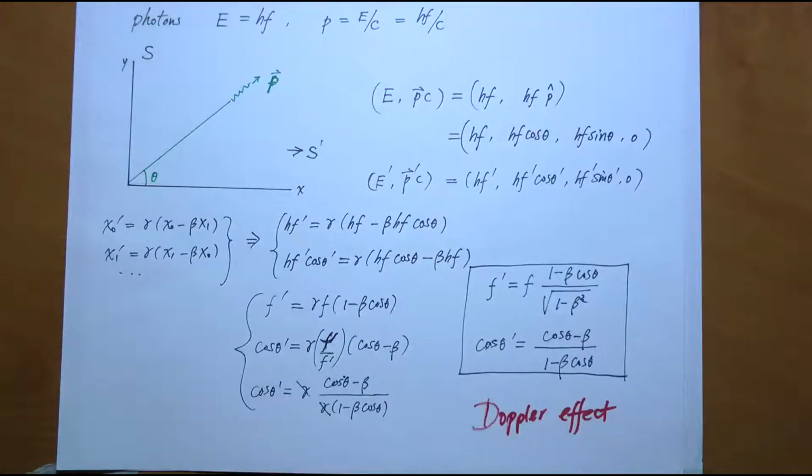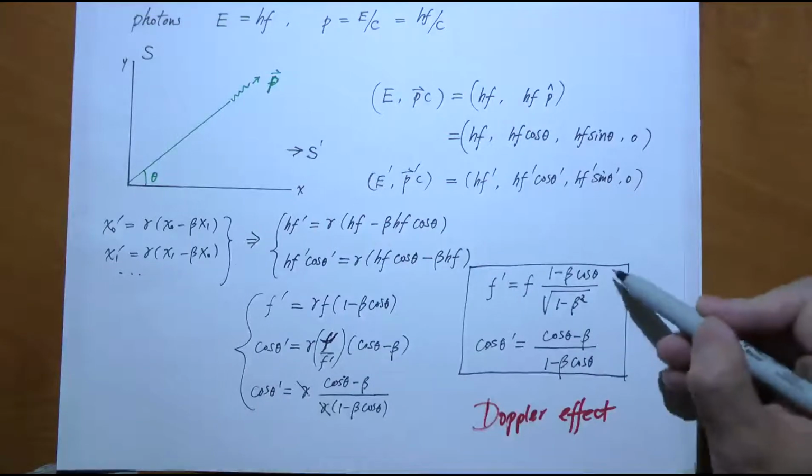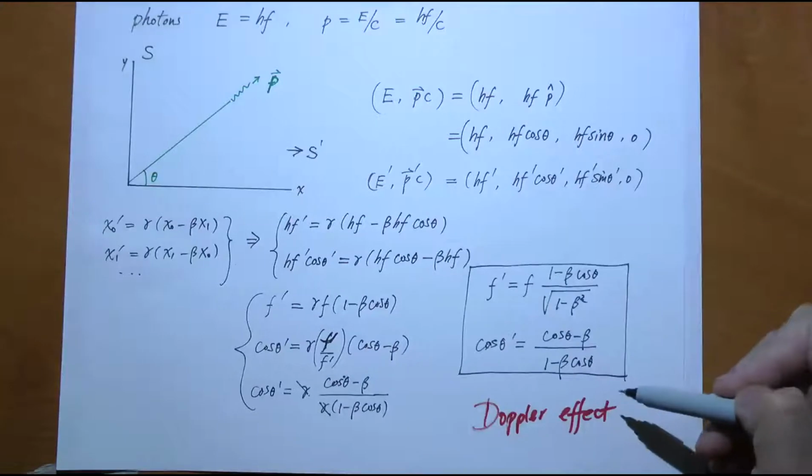So the only thing that actually still makes sense is the relative velocity between the two observers, S and S prime. There is no such thing as absolute speed of the observer and absolute speed of the source relative to the stationary medium, because the stationary medium does not exist. So as a result, the formulas are also very different.